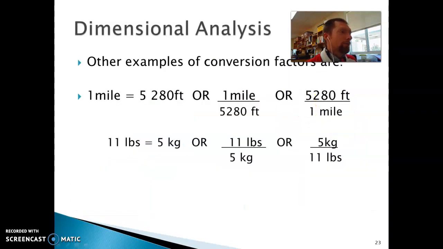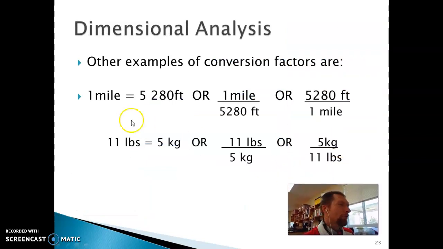All right, so some other conversion factors we could look at here. 1 mile equals 5,280 feet. You could use it both ways here. Or 11 pounds equals 5 kilograms. You could use both of those, this one way or the other. And basically, you're just flipping it so that you could convert the opposite way from whatever you were trying to do.